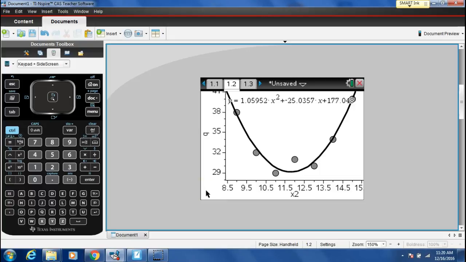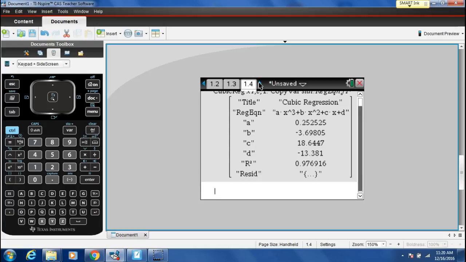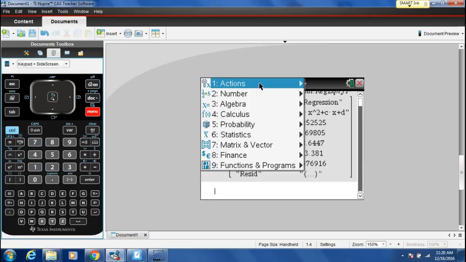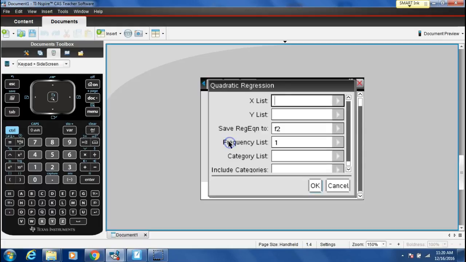Again, if I had to, I could go into my calculator page, and I could do the quadratic regression. I still want to do that, by the way. You can either create a new calculator page, or you can go into your existing one, and you want to put a quadratic regression in there.